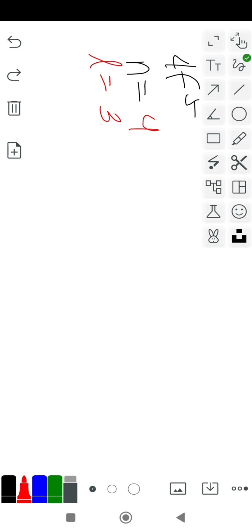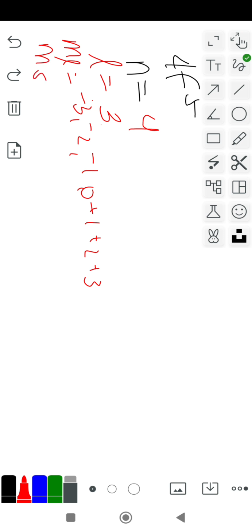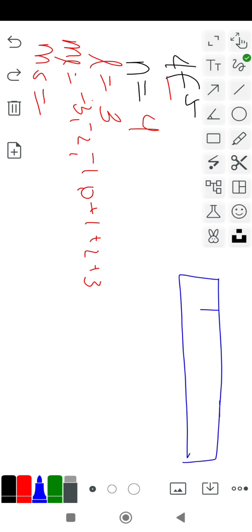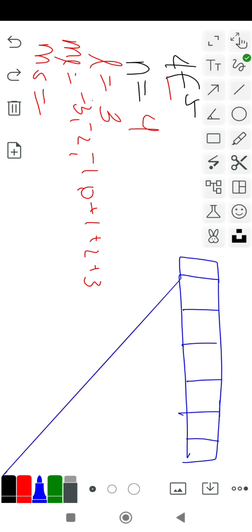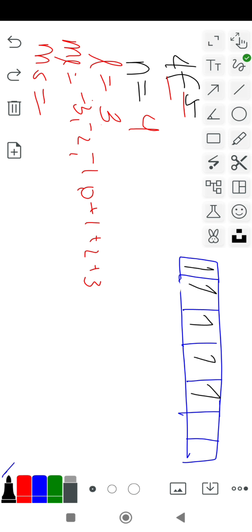Next we have the ML. ML is -3, -2, -1, 0, +1, +2, and +3. Then our MS: F can hold 14, so 14 divided by 2 is 7 boxes: 1, 2, 3, 4, 5, 6, 7. We only need 5, so we have 1, 2, 3, 4, 5.